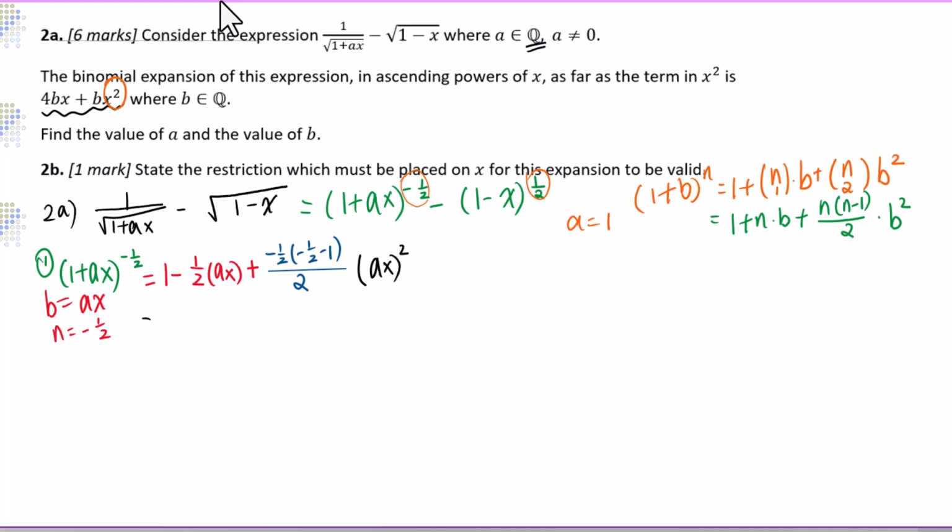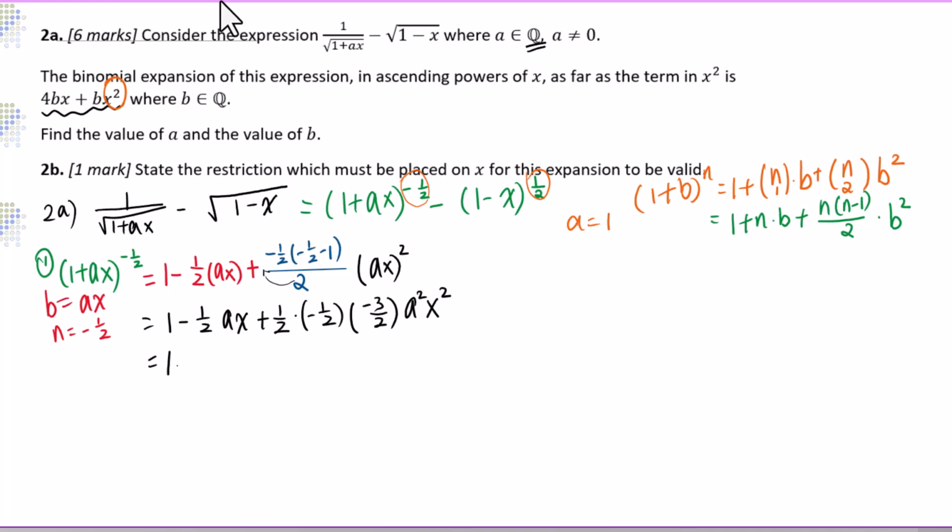Simplify. 1 minus 1 half ax, move this 2 to the front, plus 1 half times negative 1 half times negative 1 half minus 1, which is negative 3 over 2, a squared x squared.